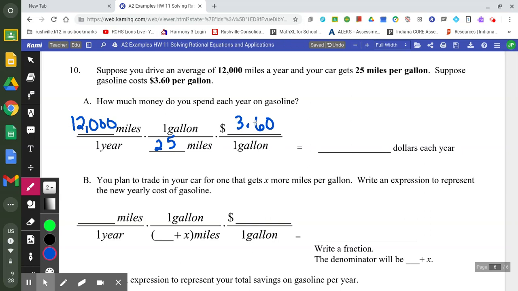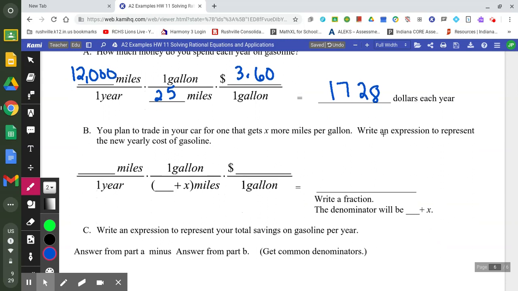So we multiply the 12,000 times $3.60, and then divide that by 25, and it costs $1,728 each year for gas. So that was part A.